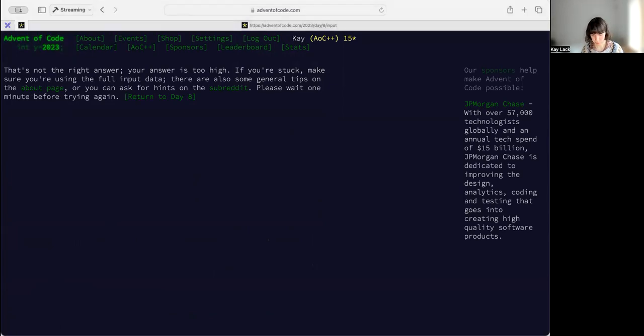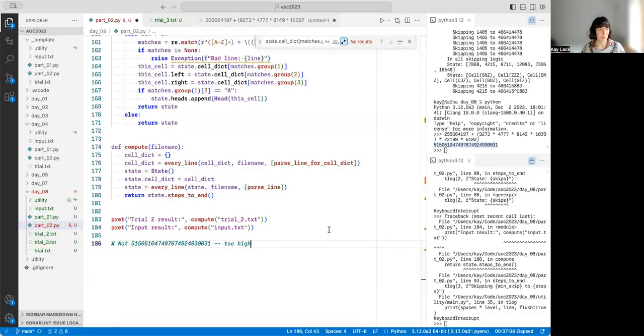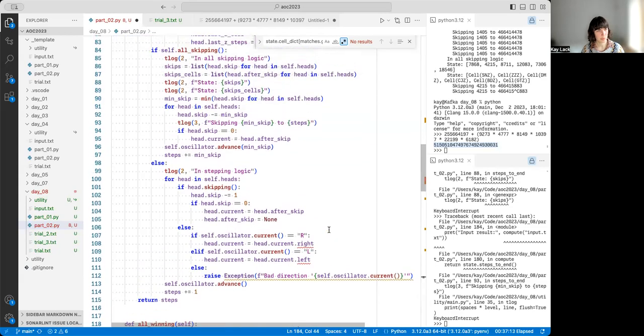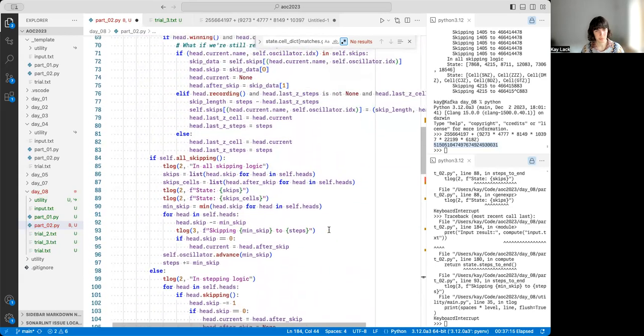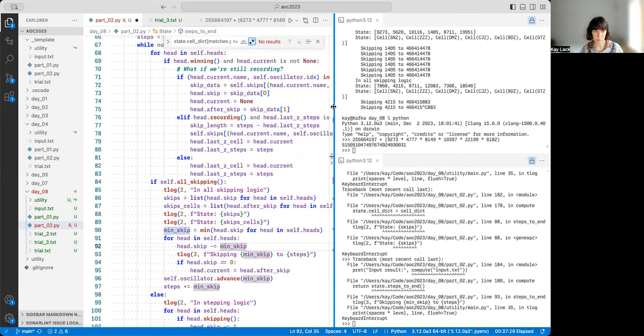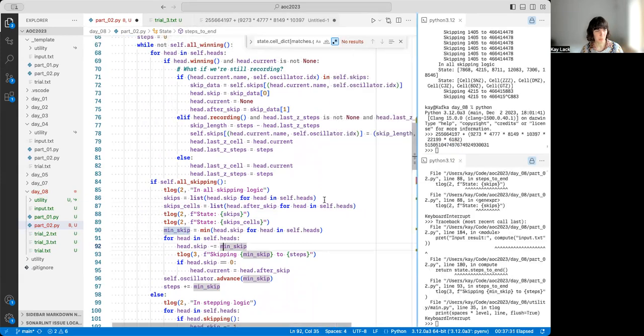The code. Well, it would be interesting to see if we change this to product.